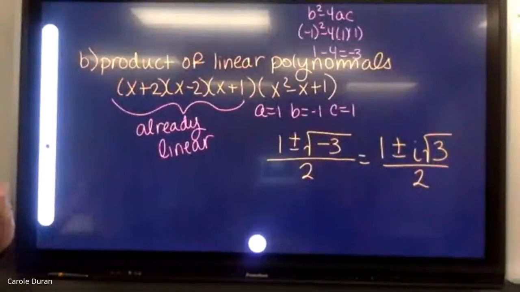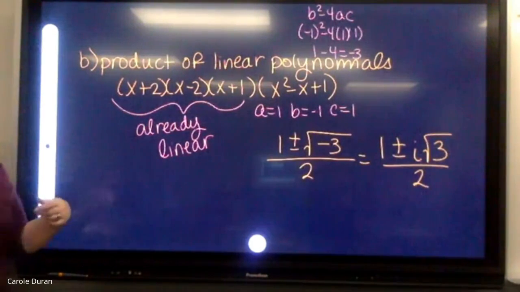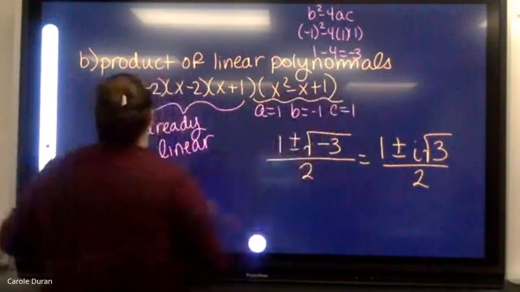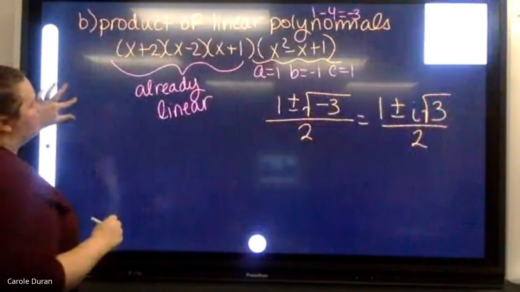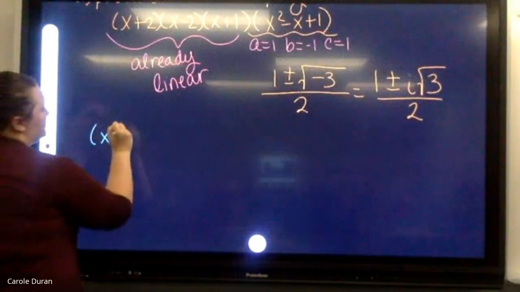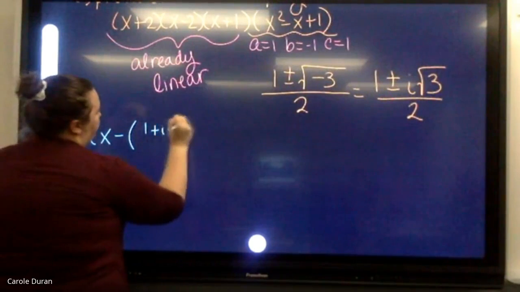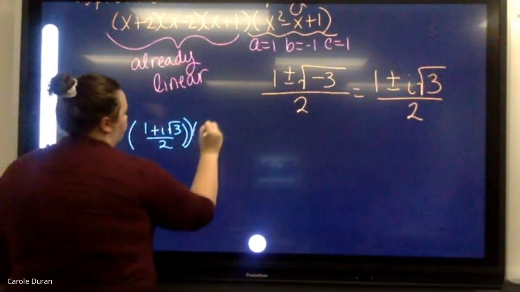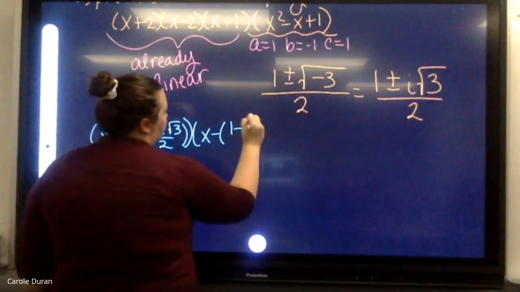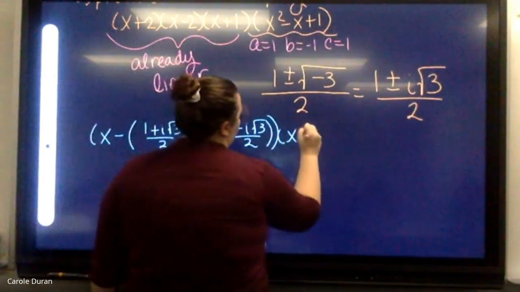So just like before, I'm going to take my zeros and rewrite them as factors. Anytime we get a zero, when we change it over to a factor, we just subtract whatever that zero is. So this, written in factors, is going to be x minus (1 plus i root 3 over 2), x minus (1 minus i root 3 over 2), and then my 3 original linears.